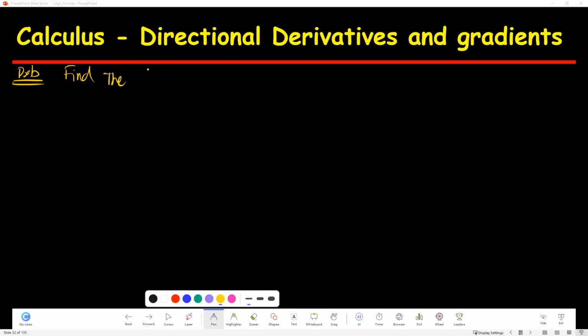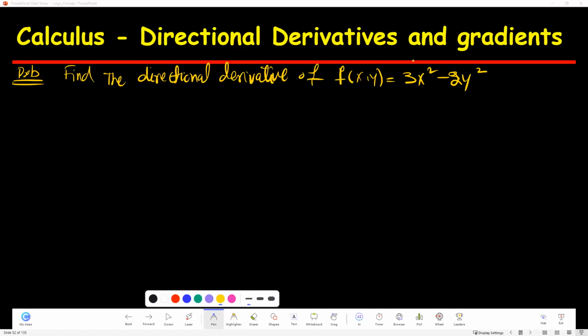Find the directional derivative of a function, two y squared, at a point, and just give the point in the direction from P.